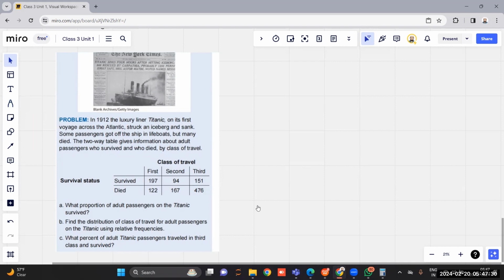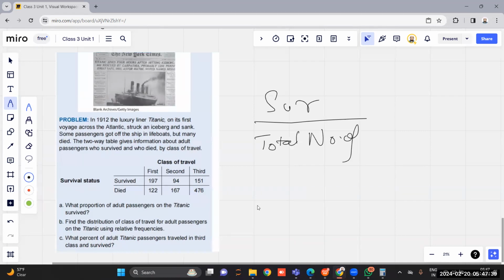He's asking me proportion. What does proportion mean? Quantity of survived upon total number of passengers. Survived passengers upon total number of passengers will give me the proportion.